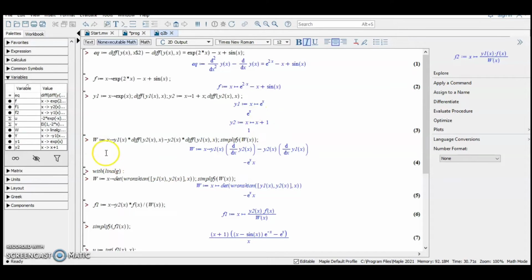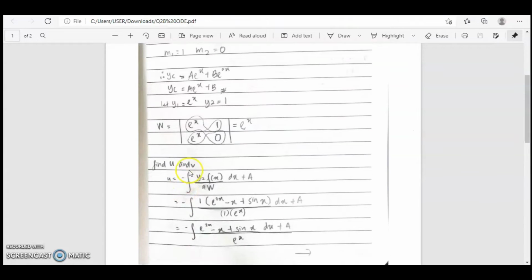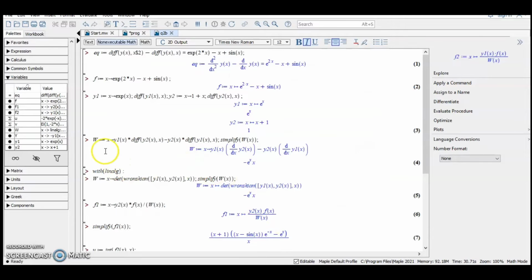Then use the formula for W, which, as you can see, is multiplied with 0 and multiplied with 1. So I get it as e to the x. And I do the same for y1 multiplied with the derivative of y2.